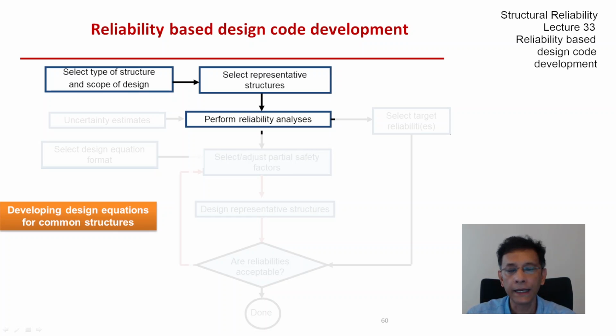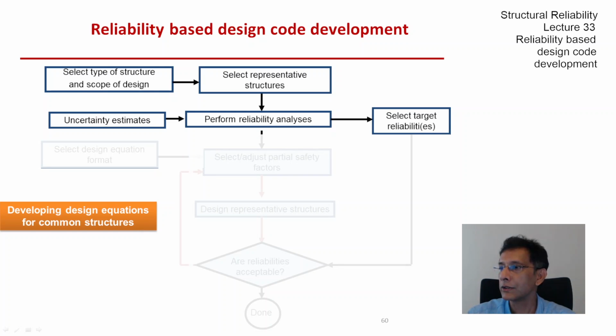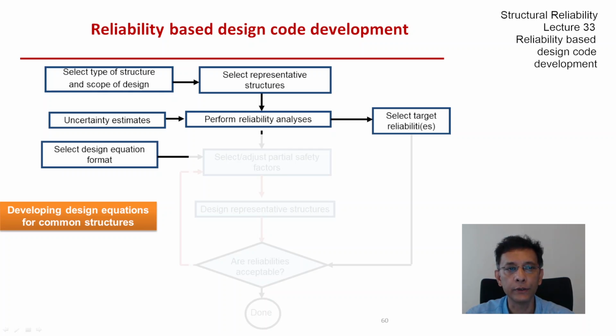So as part of that calibration exercise, we perform reliability analysis on these representative structures, and based on that analysis, which also requires all the uncertainty information, we decide on what target reliability or target reliabilities we should go for in our new design equation. And then we start a loop after we know the design equation format, which depends on the scope of design that we already discussed.